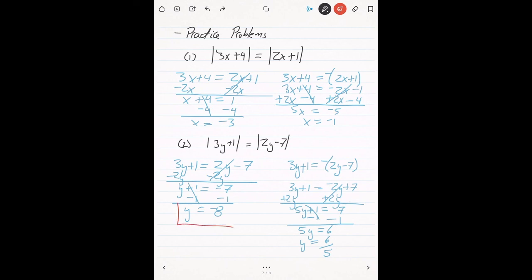So you'll end up with your two solutions. Here I got y equals negative 8, and for the other one, let me write that a little neater, it's y equals 6/5. Those are the two solutions. You can go ahead and plug them back in and verify that you'll get the same quantity when you plug in negative 8, and you'll get opposite quantities when you plug in 6/5.